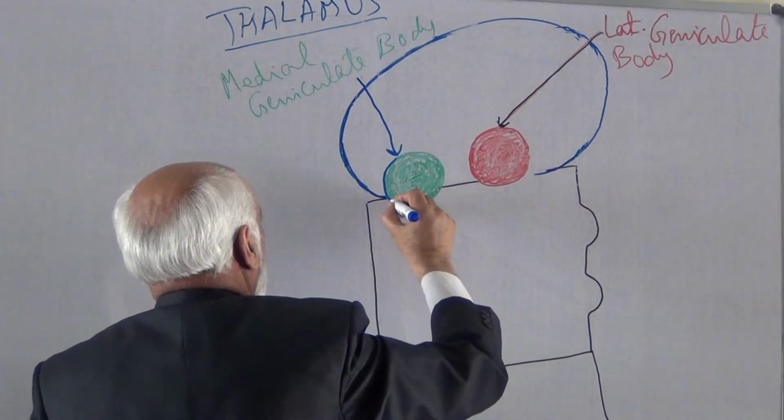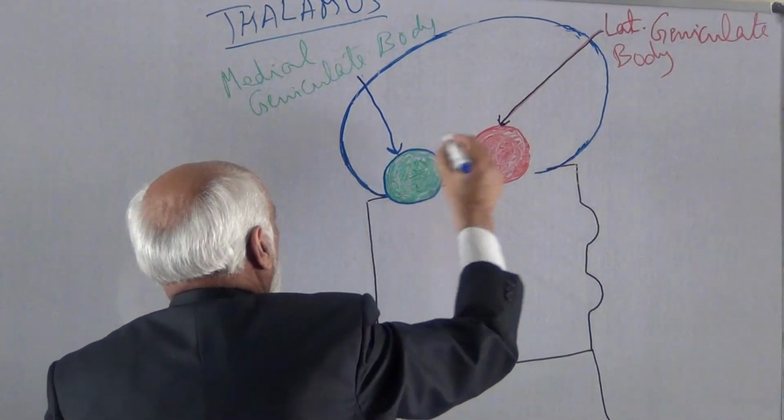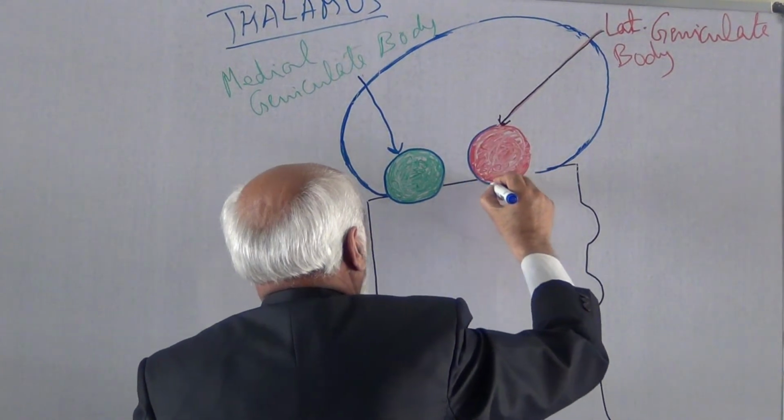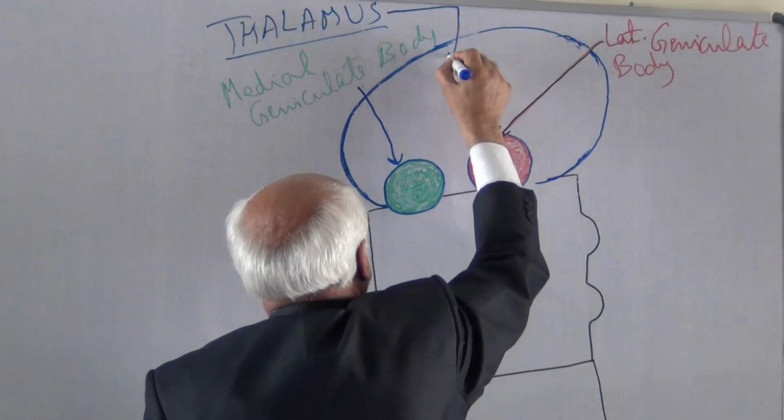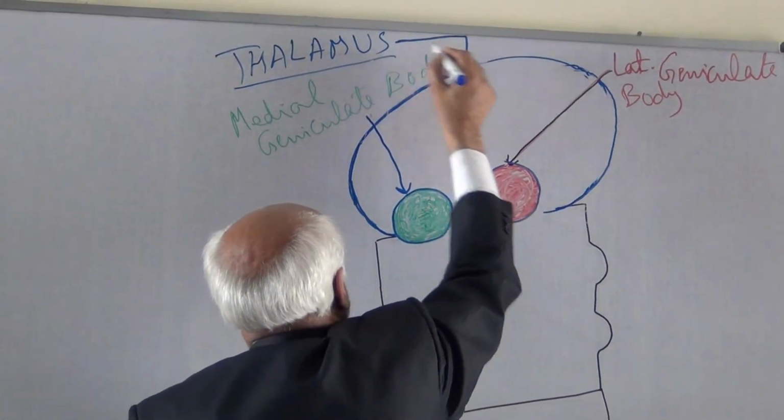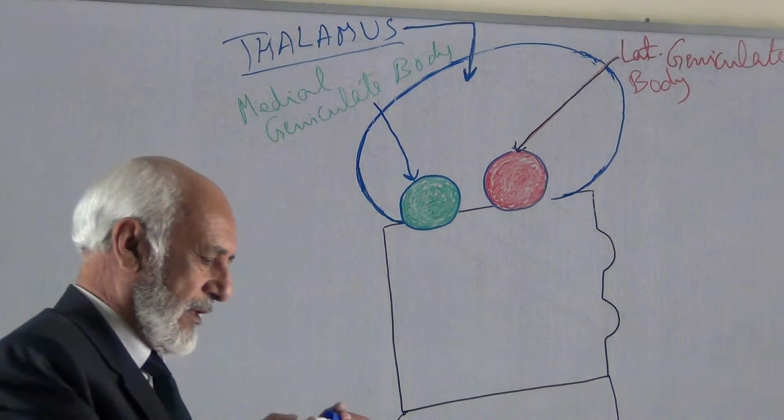These are on the inferior surface of the pulvinar of the thalamus.